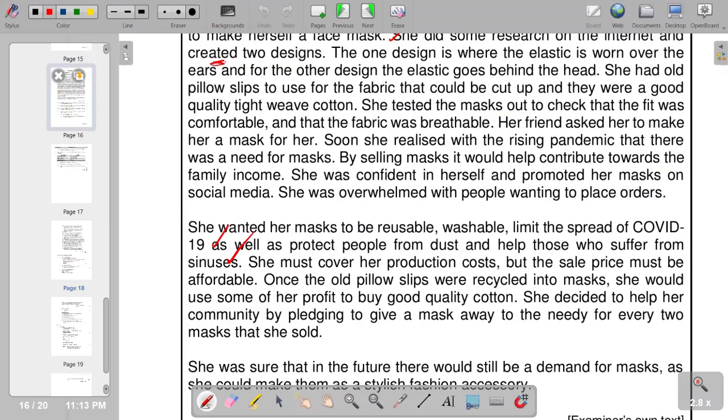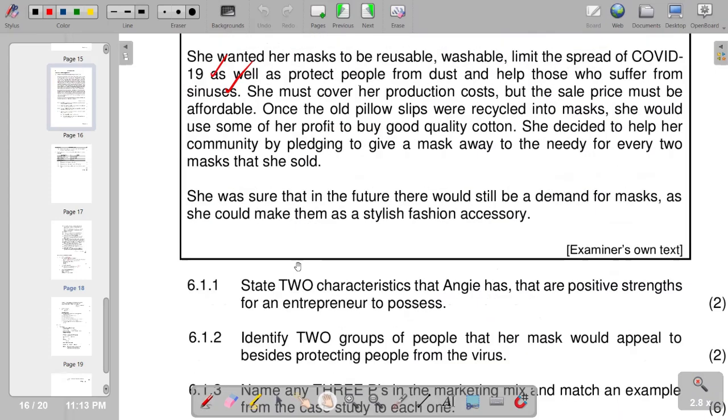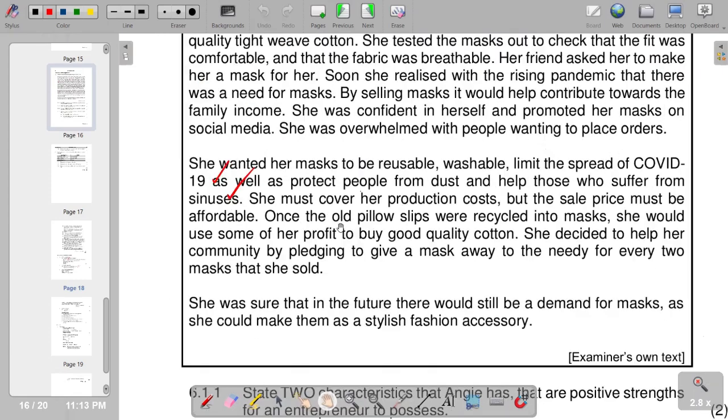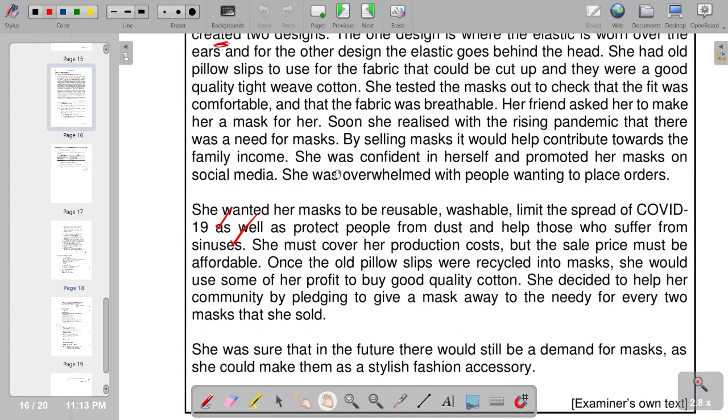In terms of the next question, it reads, name any 3 P's in the marketing mix and match any example from the case study to each one. So of course we've got place, that is, the sewing is taking place at home. So home is the place, and also you can choose promotion. How are the products being promoted?